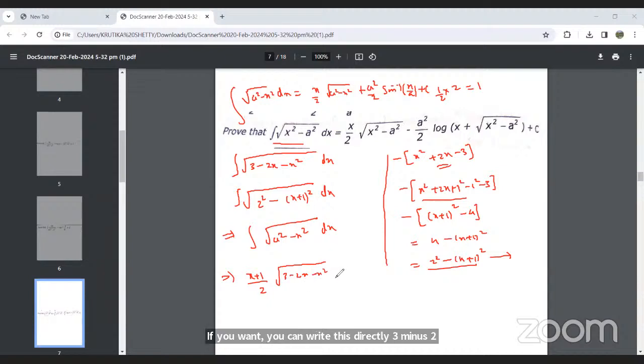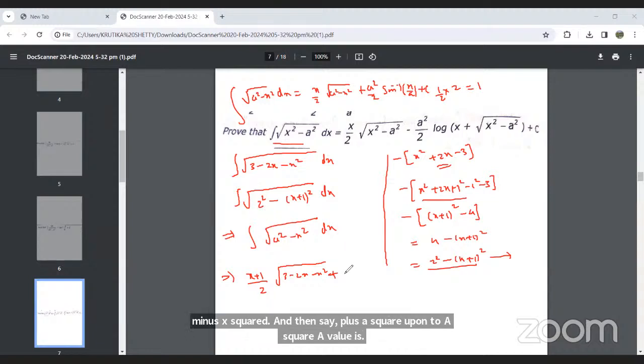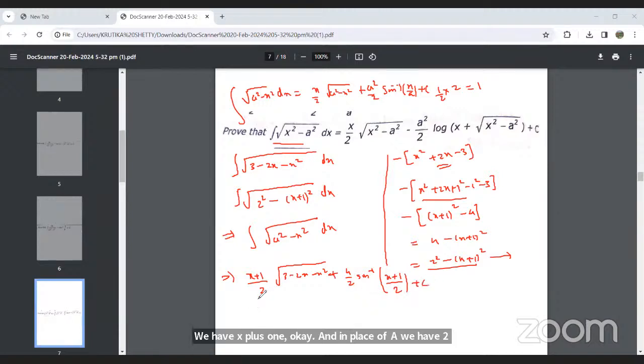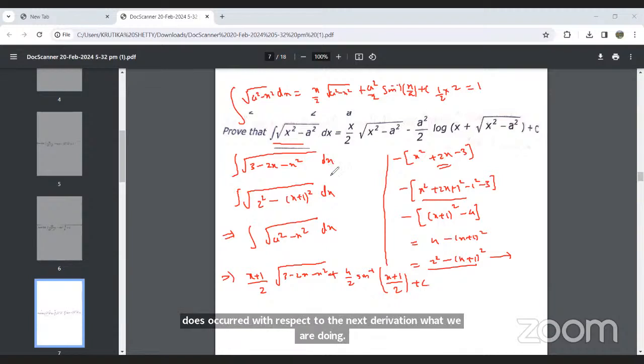Then plus a square upon 2; the value of a is 2, so 2 square is 4, 4 upon 2 sine inverse. In place of x we have x plus 1, and in place of a we have 2, plus c. If you simplify, this will be the answer. This question has occurred with respect to the next derivation we are doing, so similar questions will be occurring.